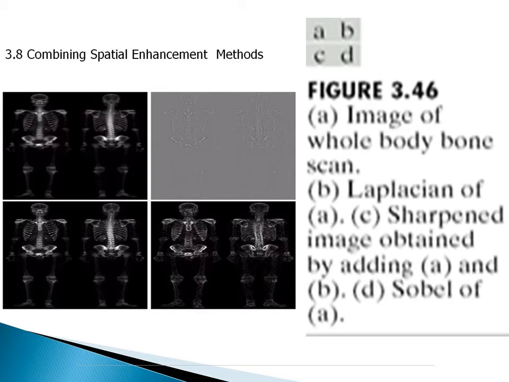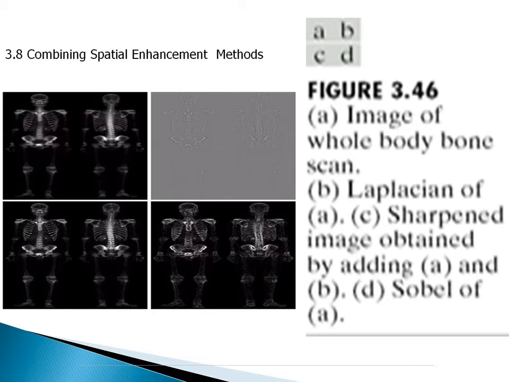Until now we have studied how we can modify an image by using the individual approach, everything individually, separate. Now we will see how we can combine them, because several applications are going to require a combination of multiple complementary techniques. When I use multiple complementary techniques, I get a very effective result.